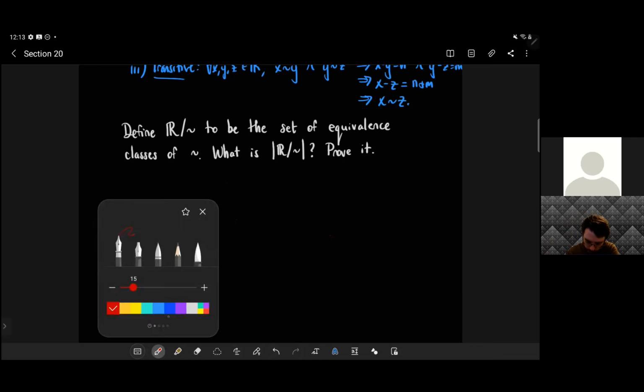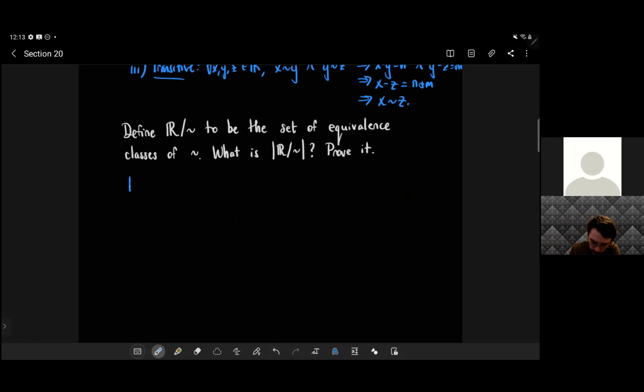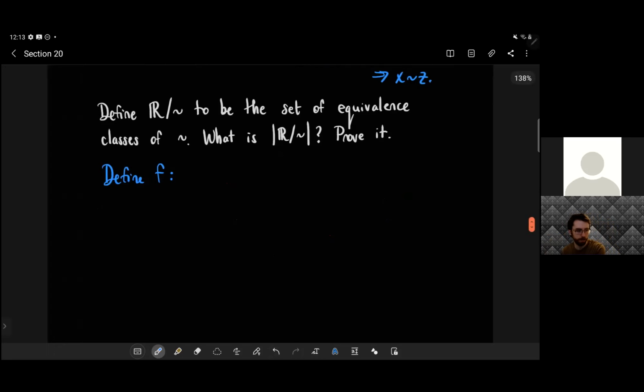Again, pause the video if you want to try for yourself. I'm just going to say define function f. And where do I want to start? My claim is going to be it's the same cardinality as the interval from 0 to 1, half closed, half open. I'm trying to decide what's easier, starting with the equivalence class or starting with the interval.